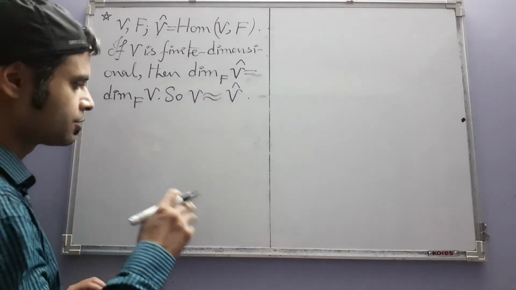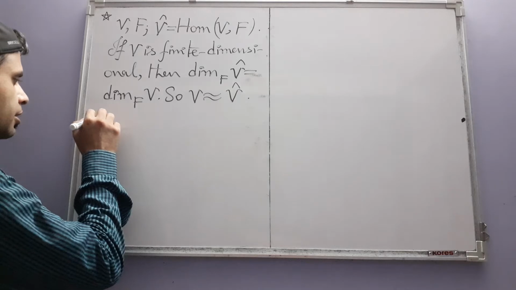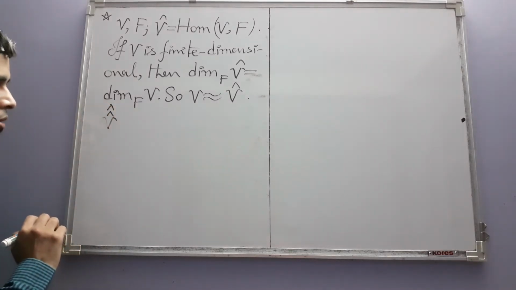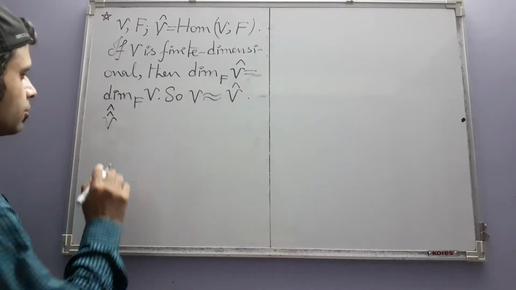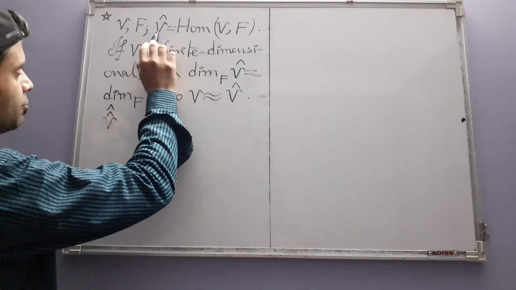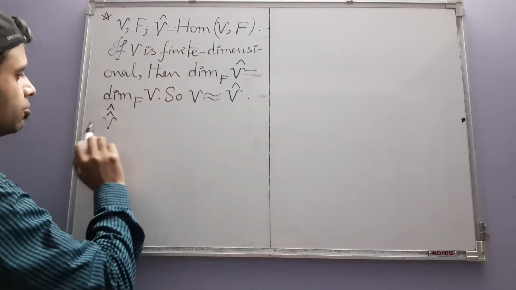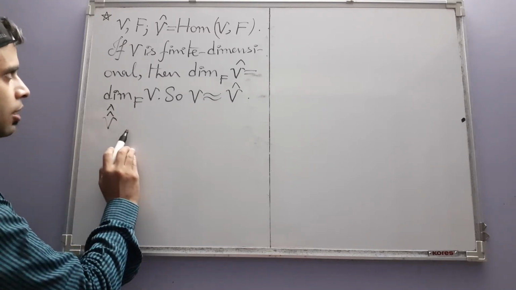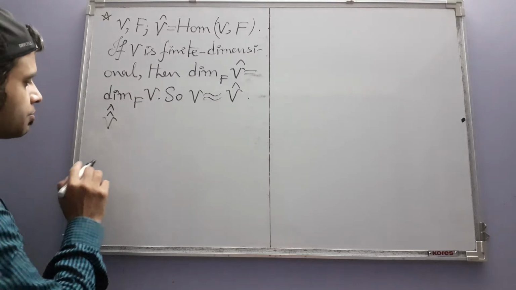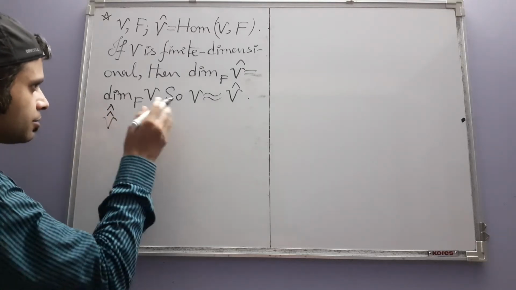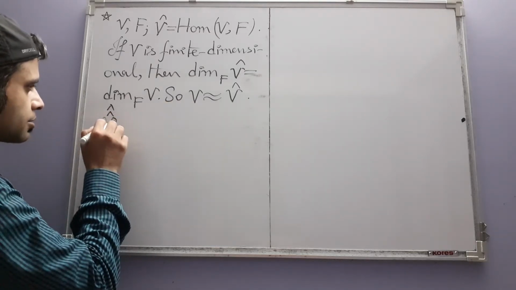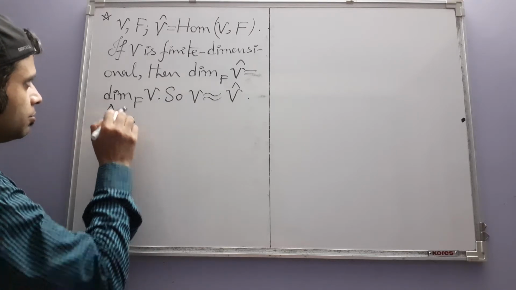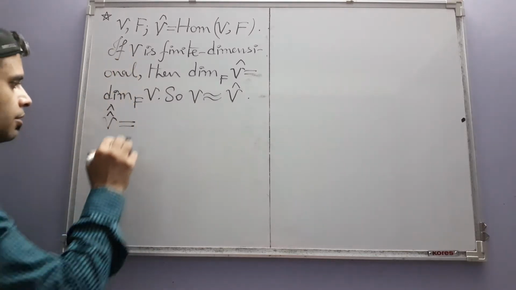But if one takes one more step and considers the dual of the dual, which we can of course consider because this itself is a vector space, so its own dual can be considered, and this is called the second dual of the original space V. Then such an isomorphism exists which is natural between V and this second dual.